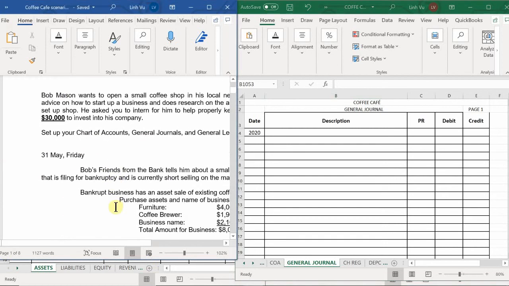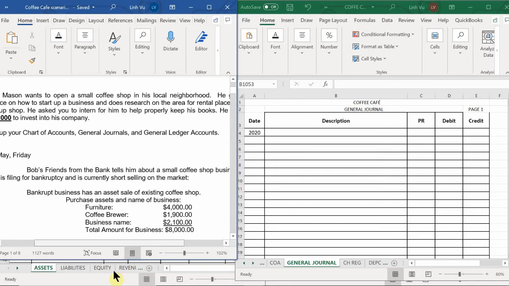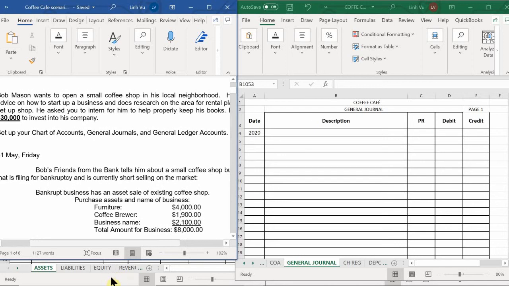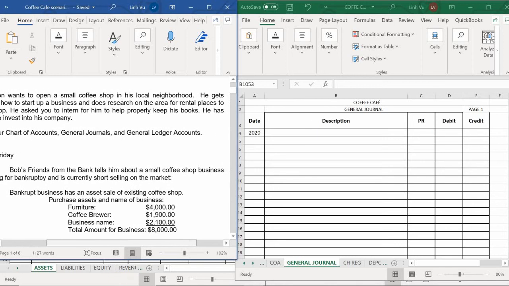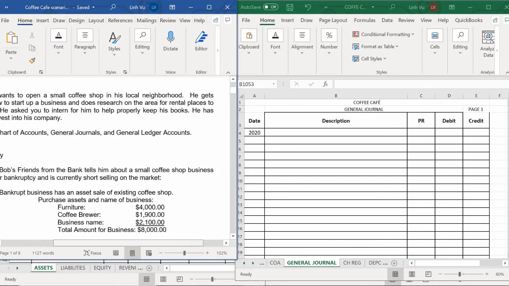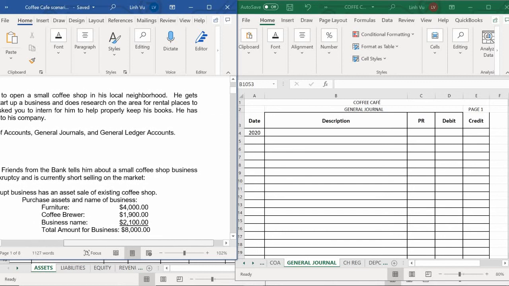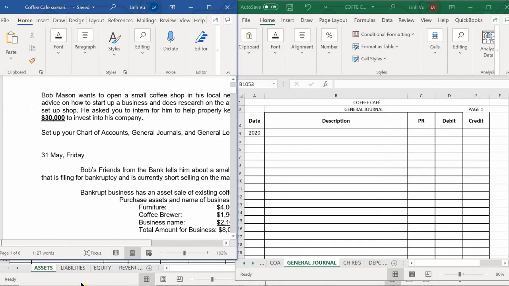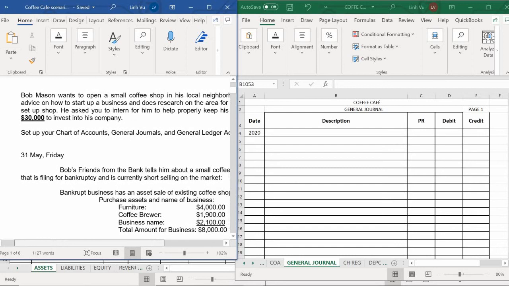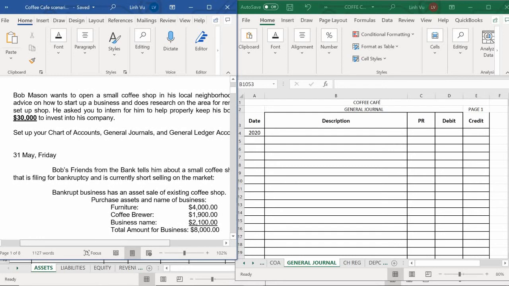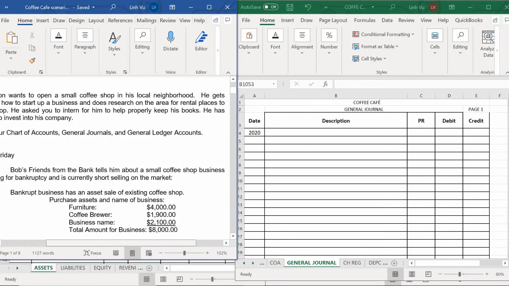So then the 31st of May, which is a Friday, Bob's friend from the bank tells him about a small coffee shop business that's filing for bankruptcy and is currently short selling on the market.